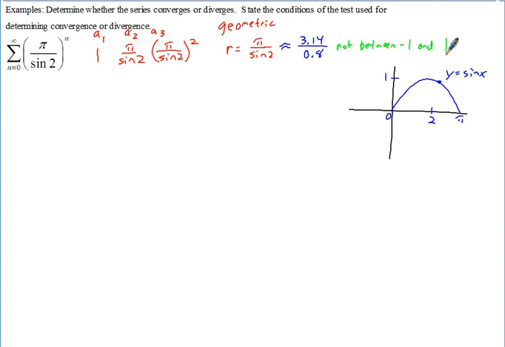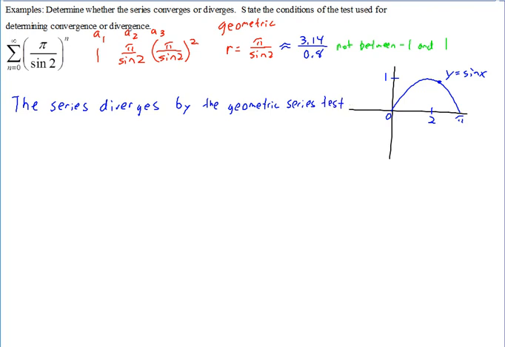So based on that, we can say the series diverges by the geometric series test.